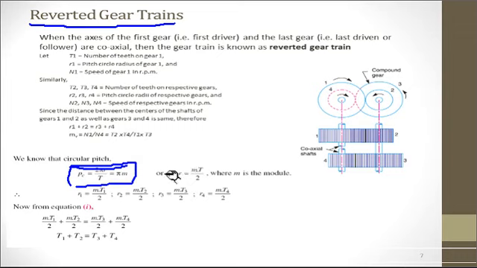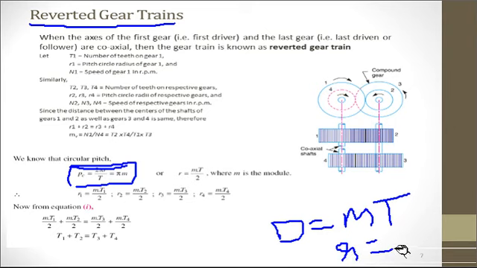Generally, the diameter of the gear wheel is equal to module into number of teeth. The radius is equal to d by 2, so from that formula, R is equal to mt by 2.